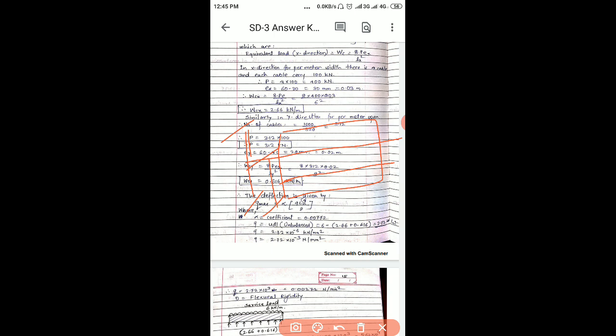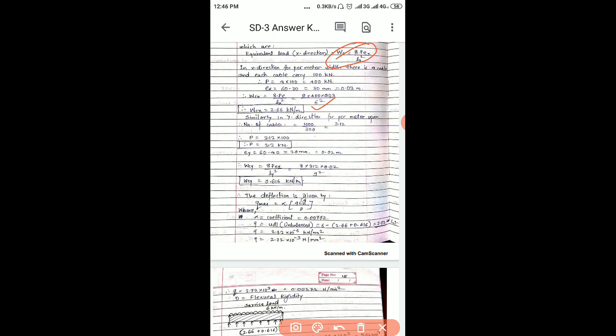So 60 minus 30 will get the 30. So this is the eccentricity located at this part, that is 30 mm. So putting these values in this WCX, we get the 2.66 kilonewton per meter value.